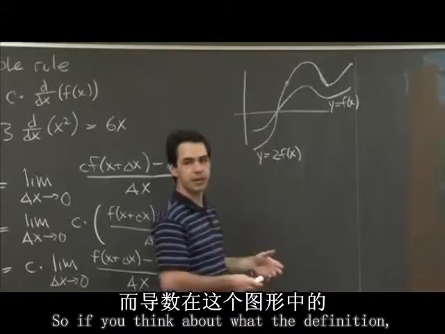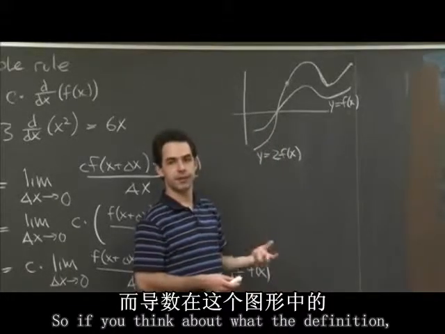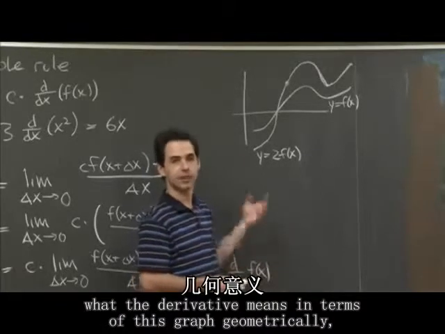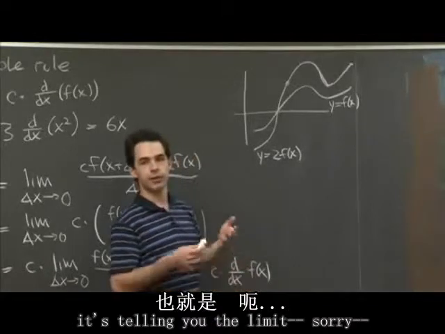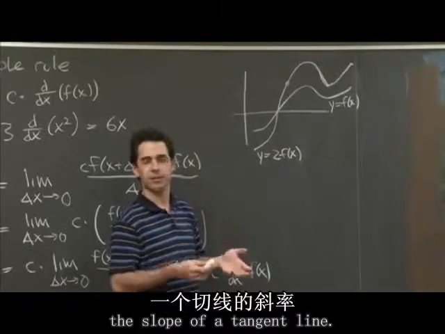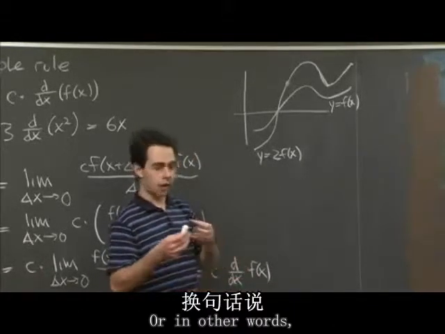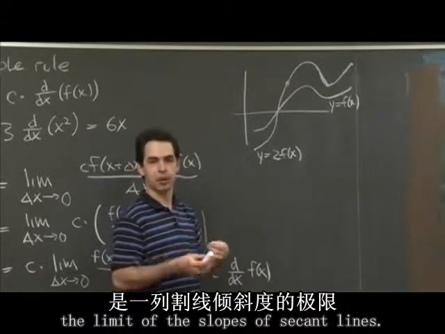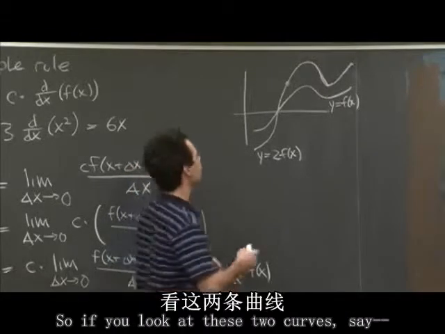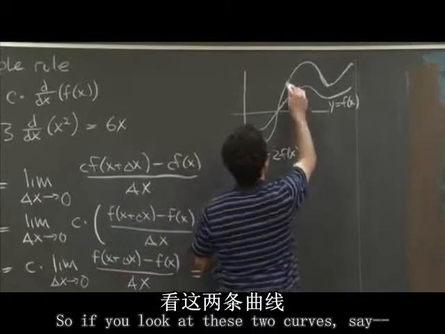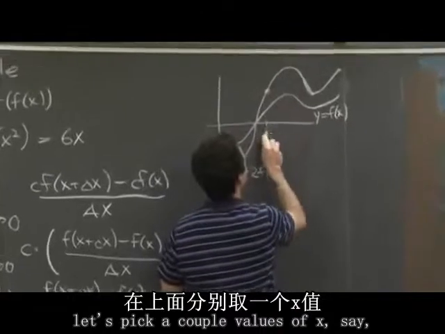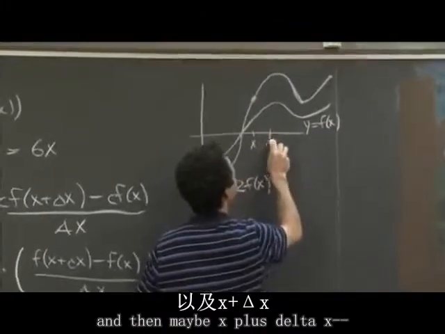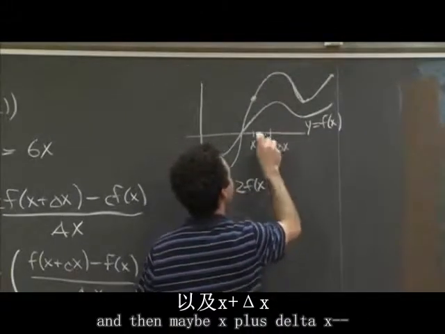So if you think about what the derivative means in terms of this graph geometrically, it's telling you the slope of a tangent line, or in other words, the limit of the slopes of secant lines. So if you look at these two curves, let's pick a couple values of x, and then maybe x plus delta x.